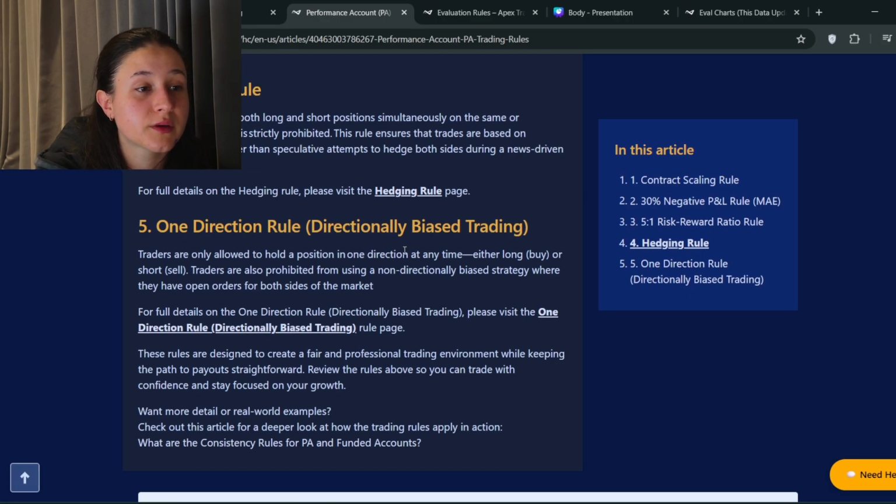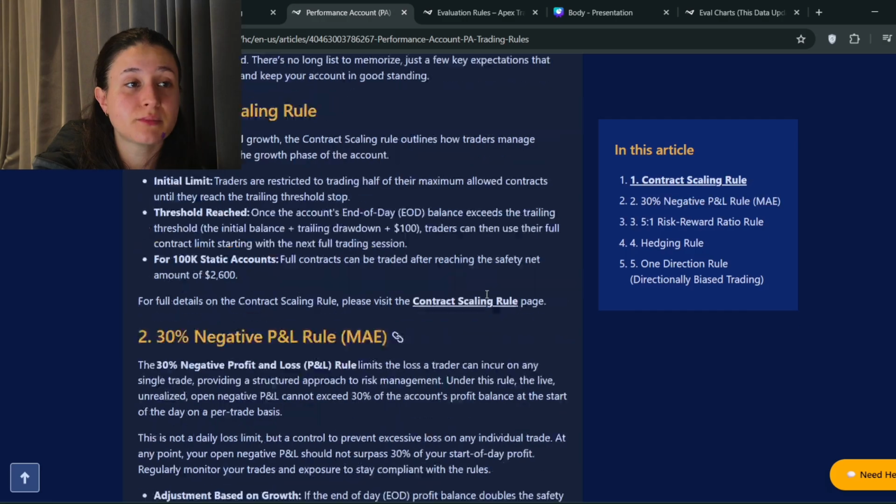One direction rule. Directionally biased trading. Traders are only allowed to hold a position in one direction at a time. This is not Forex. Can you do that in Forex? I believe you could. It's been such a long time since I traded Forex, I don't even know what's going on. So you can either be buy or sell. Very simple.